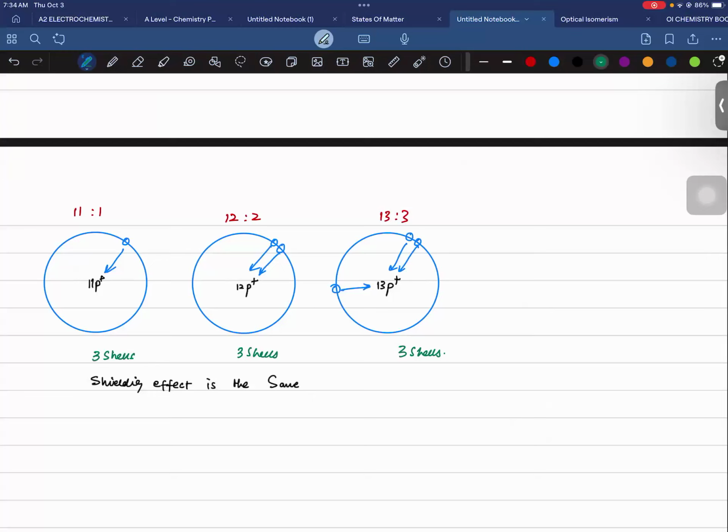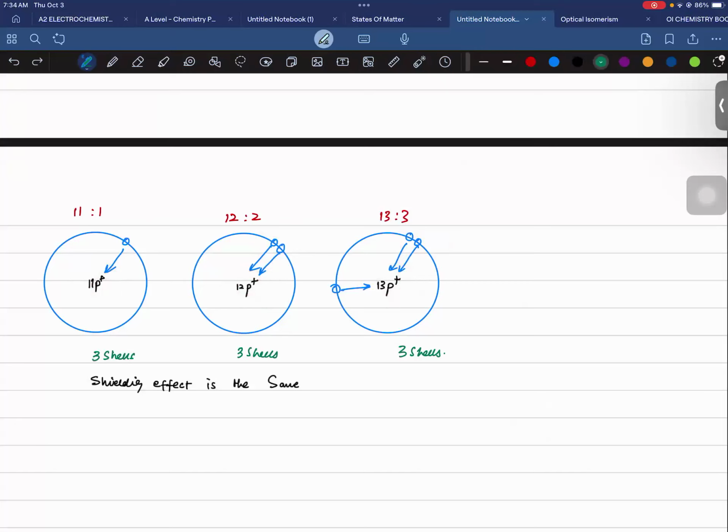But due to the increase in outer electrons, sodium has one outer electron, magnesium has two outer electrons, aluminum has three outer electrons. As you know, in the nucleus of sodium you have 11 protons, in magnesium 12 protons, in aluminum 13 protons.